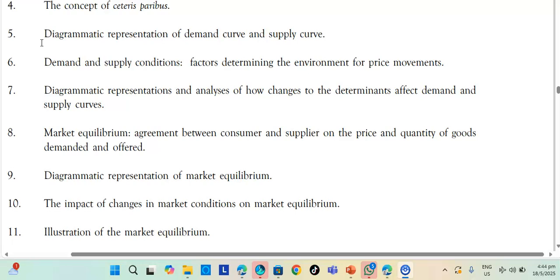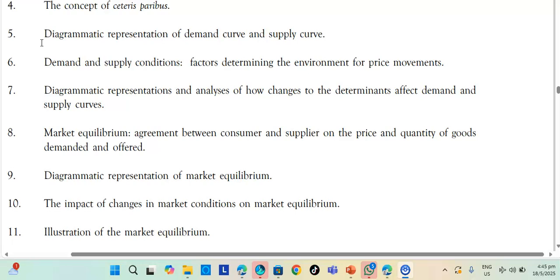So the equilibrium would be when the price was at $6, the quantity demanded was 140 and the quantity supplied was 140. So that would be the market equilibrium, the point where both sides are satisfied.